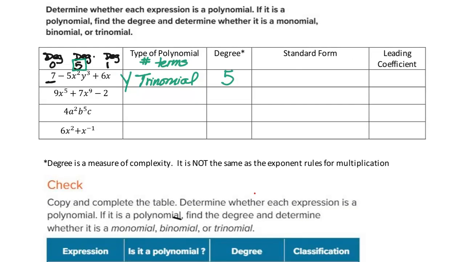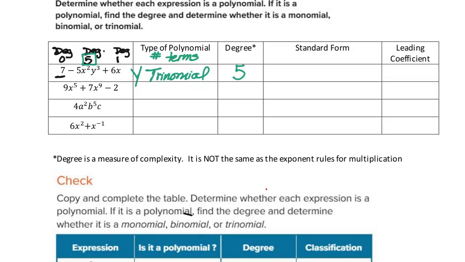Standard form. We want to put this from the greatest degree to the smallest degree. So which term am I going to put first? That would be greatest degree, -5 x squared y to the third. We're writing it in standard form, which goes from the greatest degree to the smallest degree.